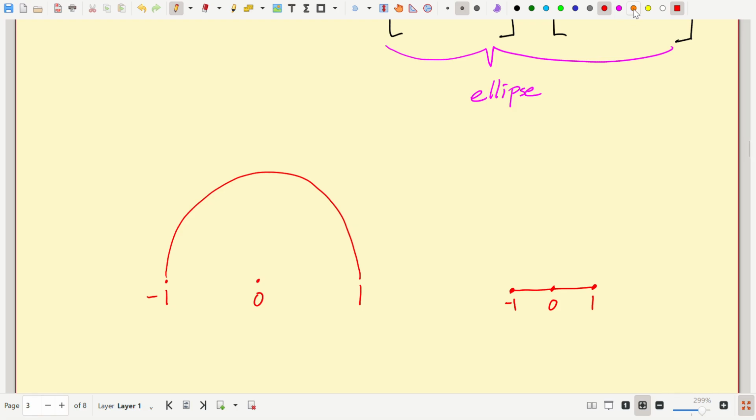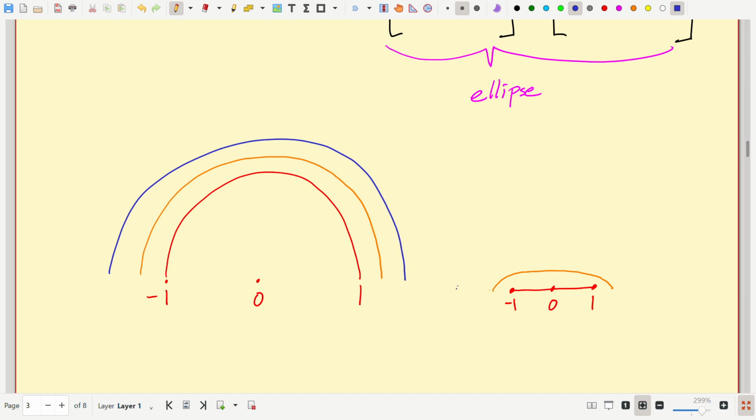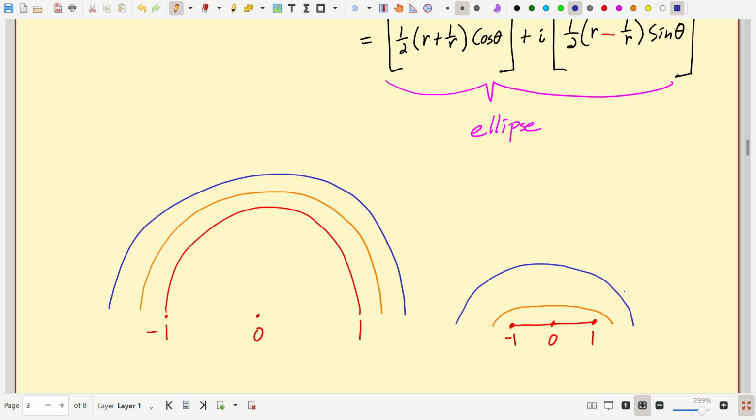And if I take a slightly bigger circle, then it's going to be a little squished, an ellipse that looks like this. And if I start drawing much bigger circles, they are ellipses that are kind of circular. This is going to be a bigger ellipse, and it's going to be more circular looking. And when r goes out to infinity, they're indistinguishable from circles, because that would be r plus or minus 1 over r.